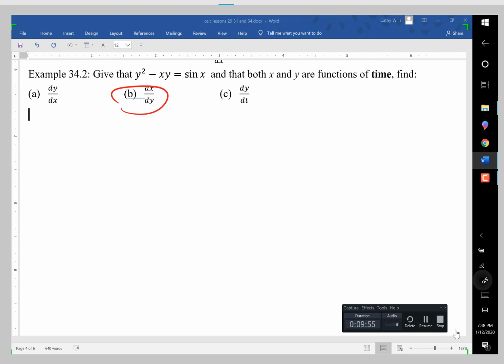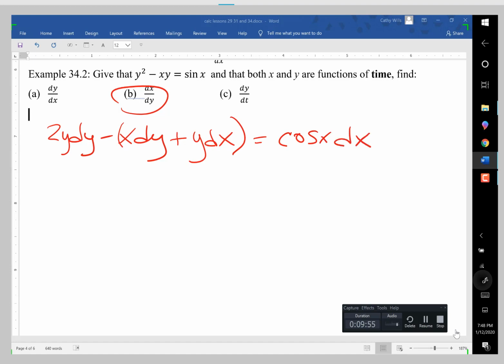So again, we find the differentials of all the terms in the equation. So 2y dy minus x dy plus y dx equals cosine x dx. So we found the differentials of everything. All right, now since we're trying to do this with respect to y, we're going to divide everything by dy.